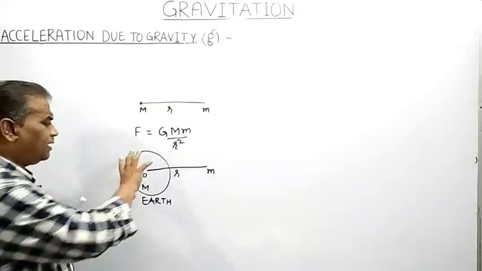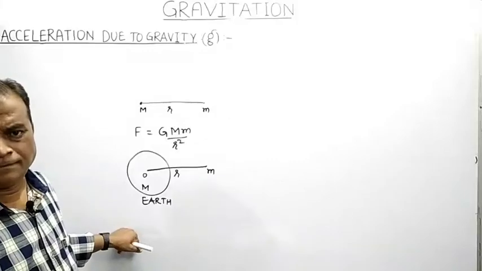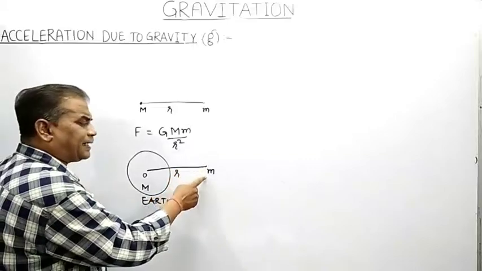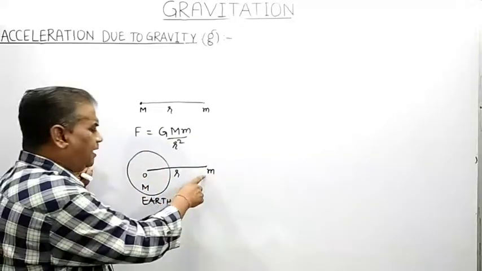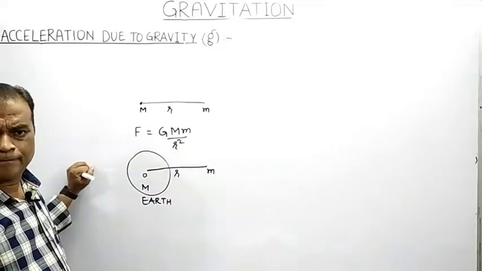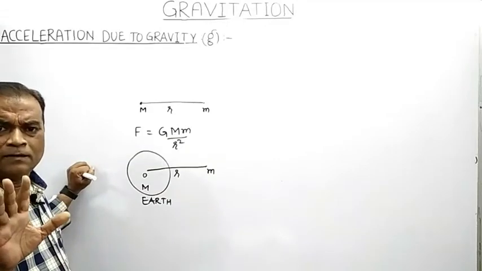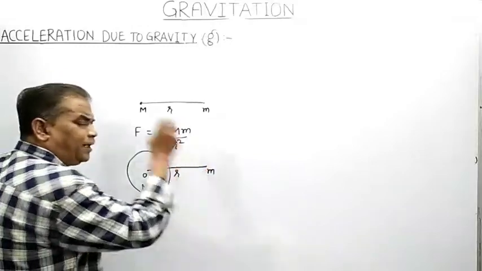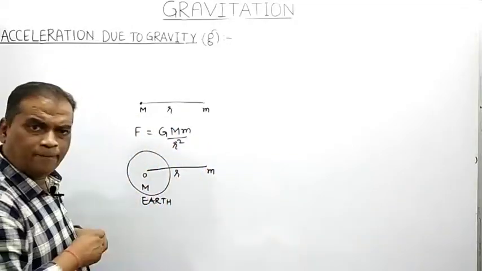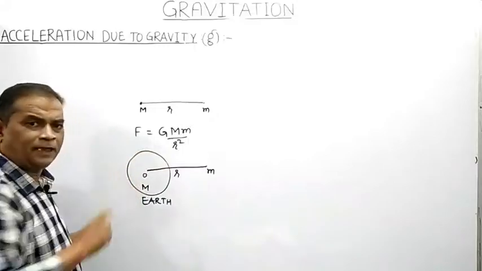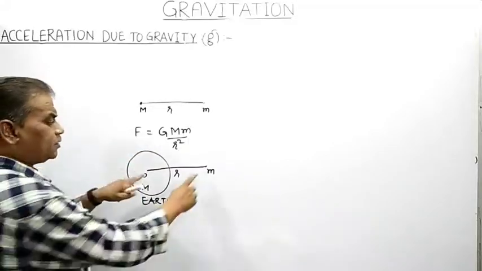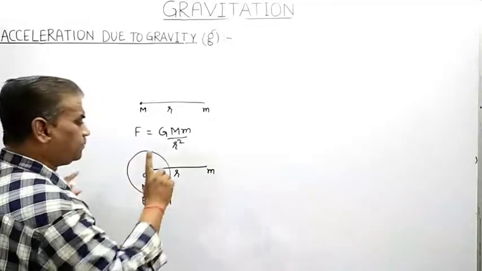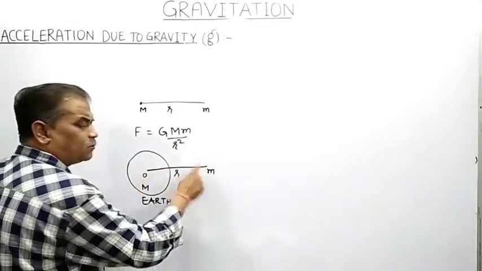Remember, because Earth is an extended body, we must calculate the gravitational force of attraction between a point particle of mass small m and Earth of mass capital M. But remember, the distance of separation between Earth and the point mass is measured from what? The center of the Earth to that point mass.